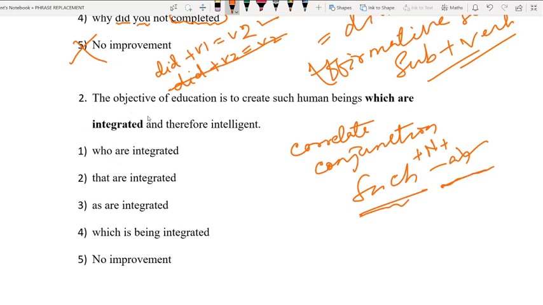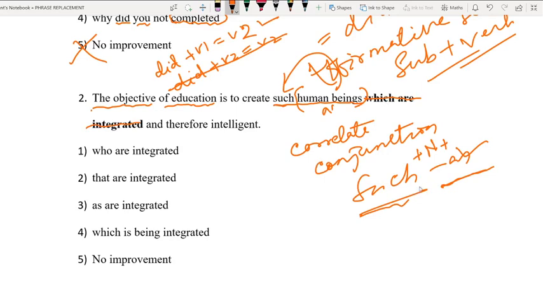As I said, let us go to the question first. The objective means the purpose, the intention. The objective of education is to create such human beings. See, human beings is a noun, and it has come after such. After that, we have used "which are integrated", which is grammatically incorrect. What I said, dear friends?